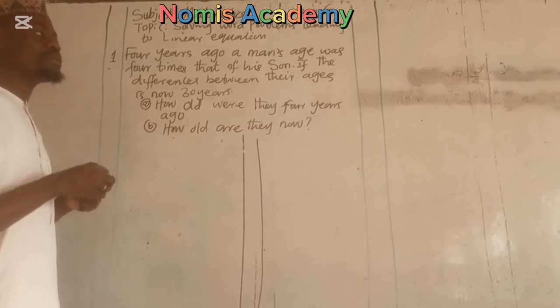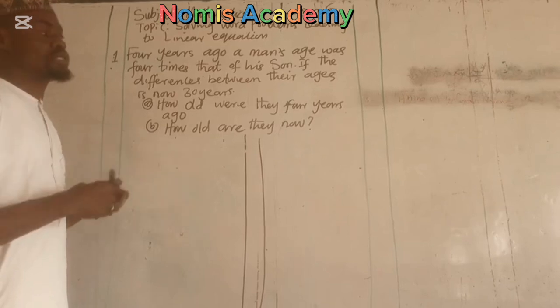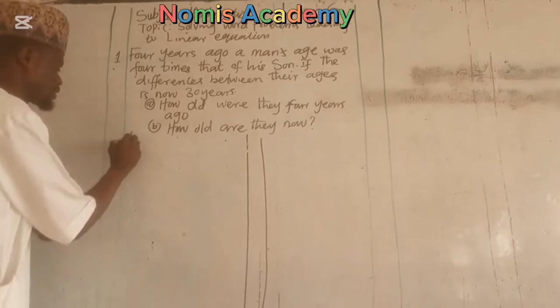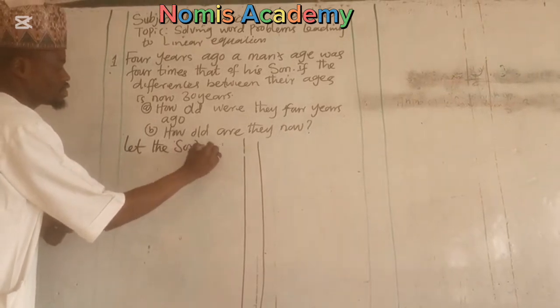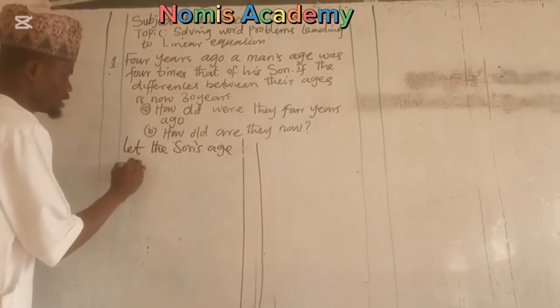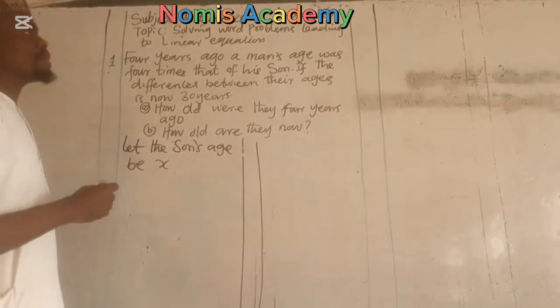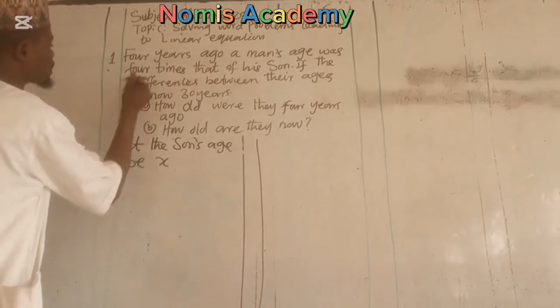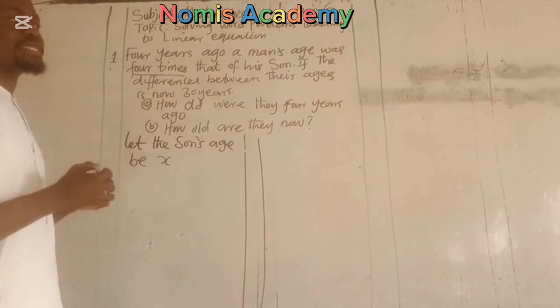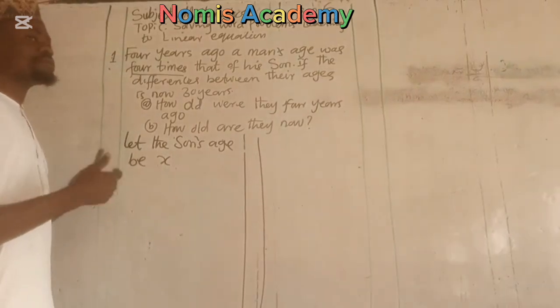You say let the son's age be any alphabet you want. Let the son's age be S. But remember, the question said that 4 years ago, a man's age was 4 times that of the son. Remember the parameter I gave before: times means when you multiply.